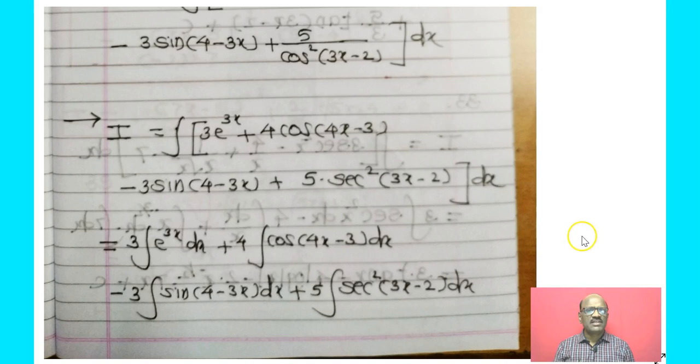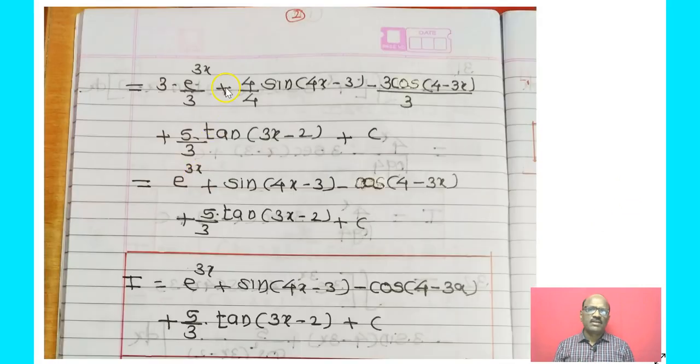Now we'll see the next. Now here the integral of e raised to 3x is e raised to 3x upon derivative of 3x, or the coefficient of x, which is 3, plus 4 sin of 4x minus 3 upon 4, minus 3 cos of 4 minus 3x upon 3, plus 5 by 3 tan of 3x minus 2 plus c.